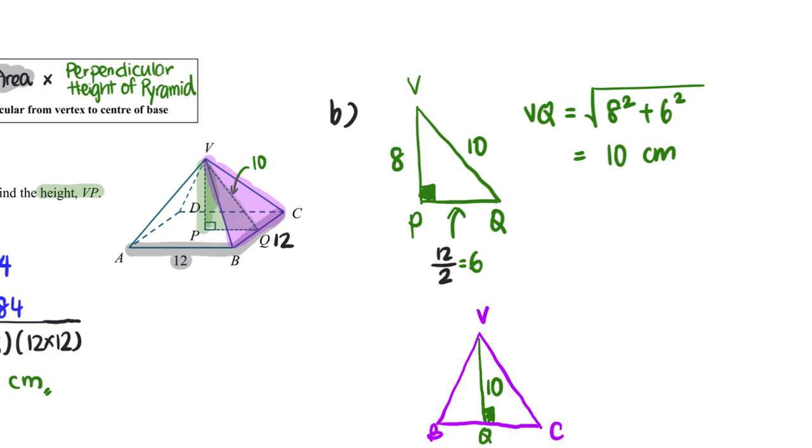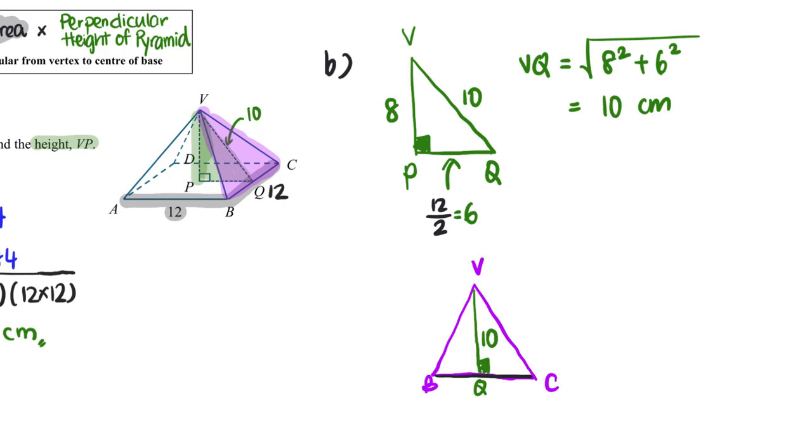I will also know that this length here is 12. So therefore, the area of one purple right triangle is simply half times base times height. So I will have the total surface area.